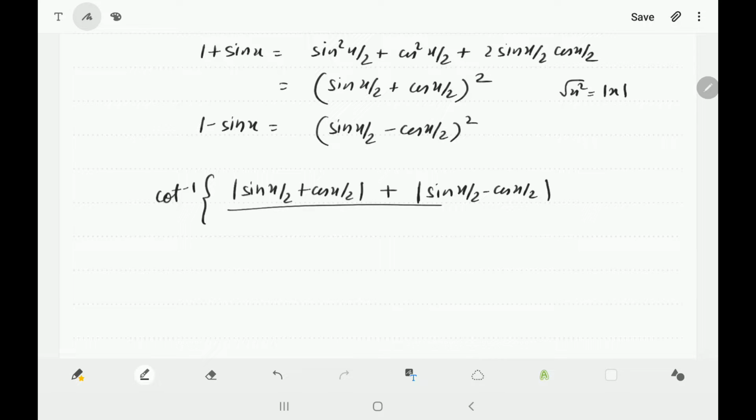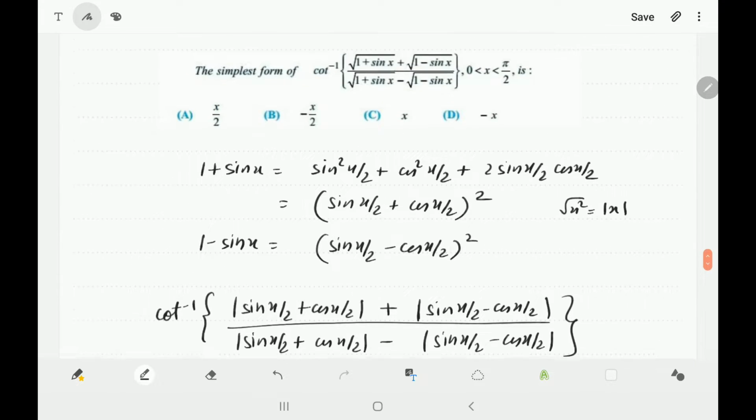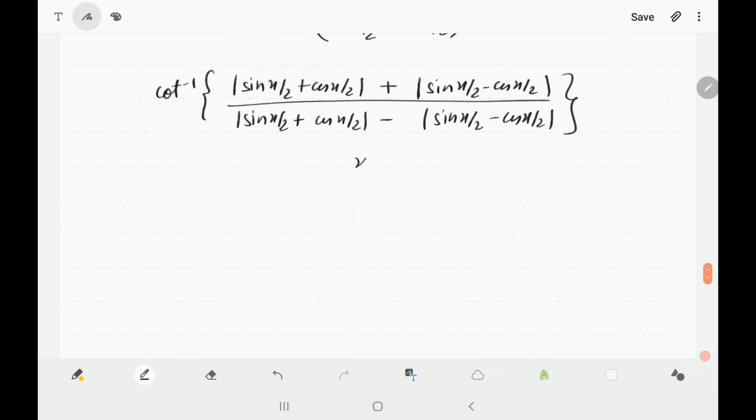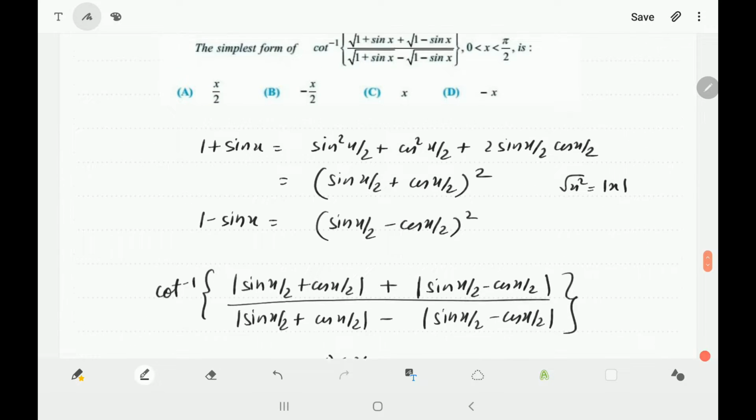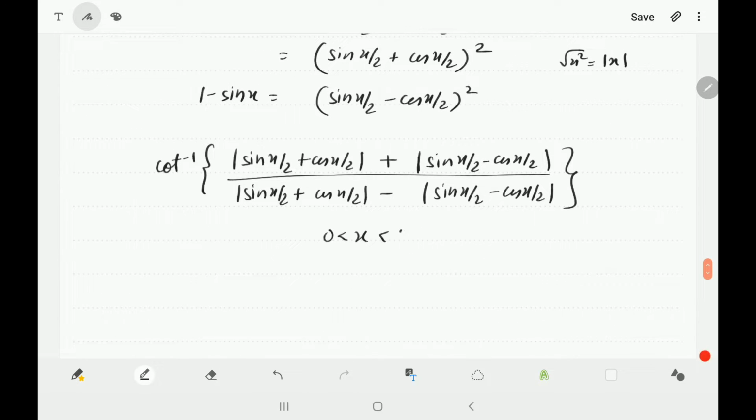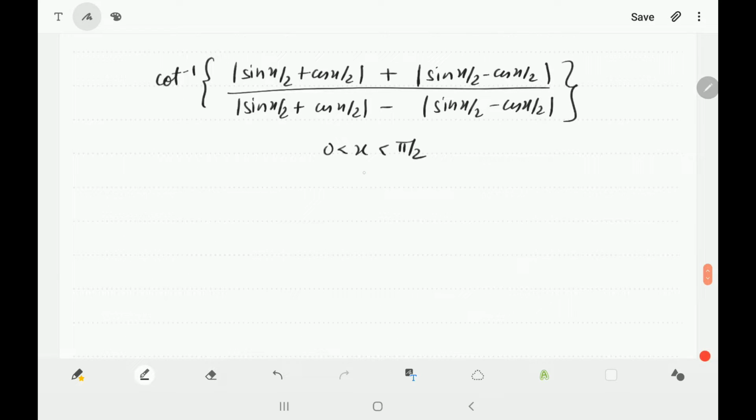In the denominator it is the same term with the negative sign, mod sin x by 2 plus cos x by 2 minus mod sin x by 2 minus cos x by 2. Okay, so this is the term. Now we have x from 0 to pi by 2. The interval of x is from 0 to pi by 2. So x by 2 will be from 0 to pi by 4.